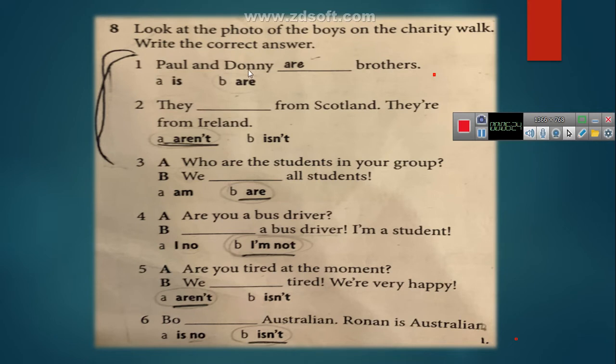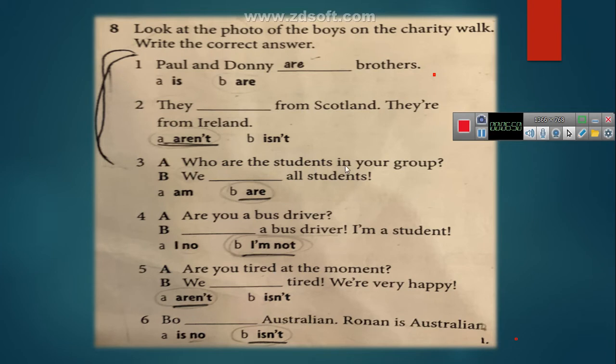Paul and Johnny here are brothers, so we choose are because they are plural. They aren't from Scotland, they are from Ireland. We choose aren't because there is a negative here, and because the subject is plural.